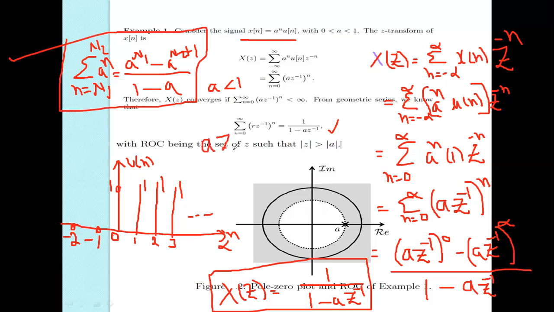A z power minus 1 is less than 1. And z power minus 1 means a by z is less than 1, and a is less than z, so z is greater than a, which is the ROC. Z is greater than a.